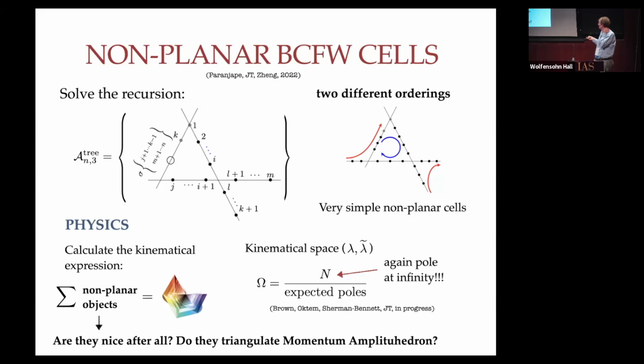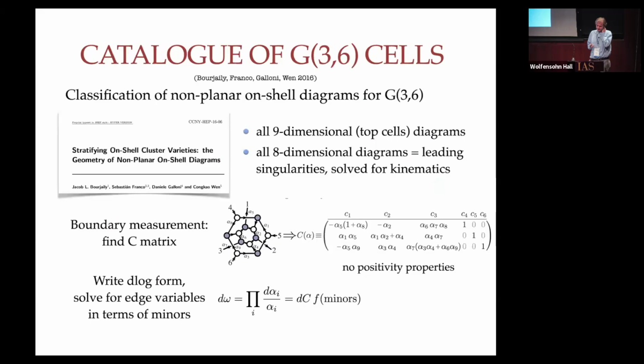And the momentum space here is probably crucial because we cannot do it in momentum twistors. We cannot even define them with the lack of ordering. And as I said, the numerator of this form corresponds to the pole at infinity for the corresponding on-shell diagram calculated in physics. So this mysterious connection holds here as well.